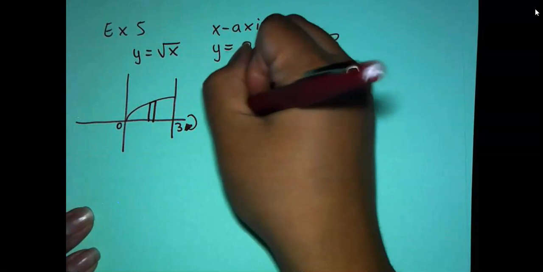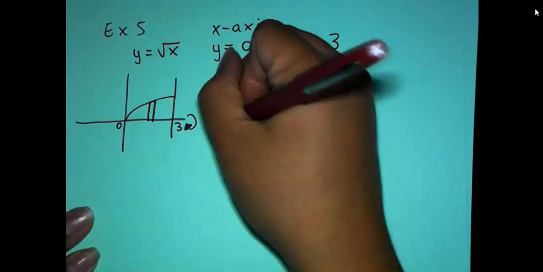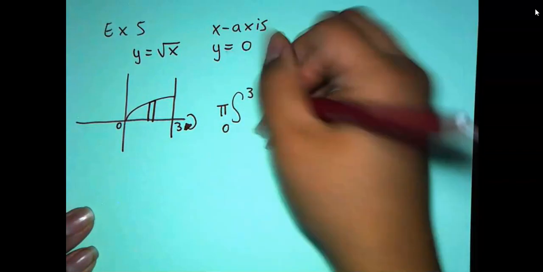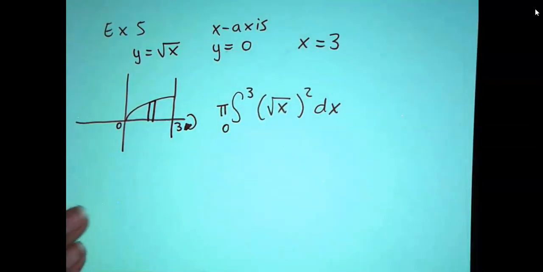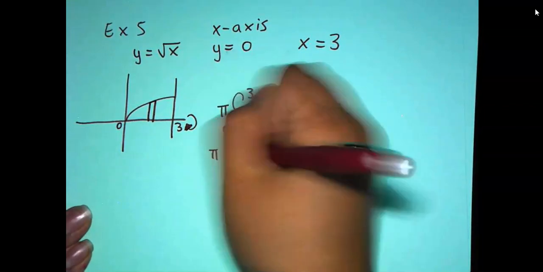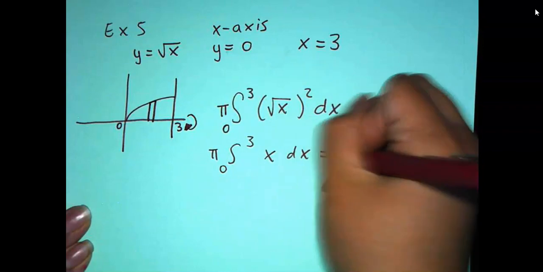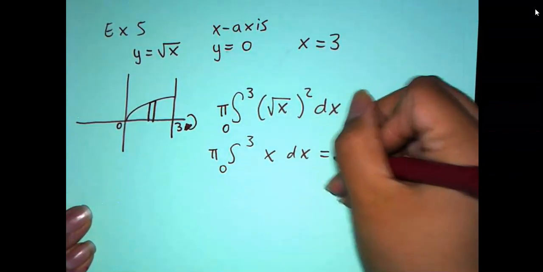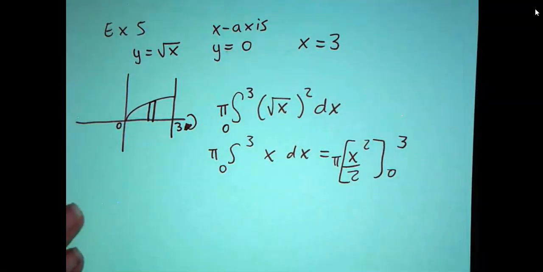Don't forget your pi. Your boundaries would be from 0 to 3. My radius is a function, which is the square root of x. We need to square the function, dx, so then we have x dx. To evaluate it, we raise the power and divide by 2. Don't forget that we have pi from 0 to 3.